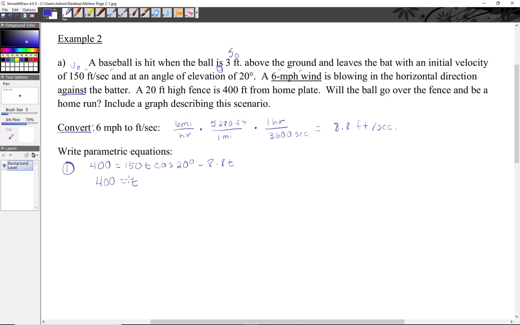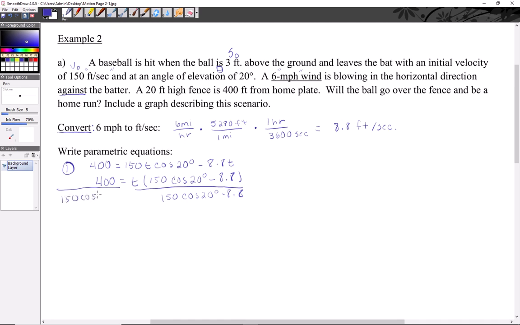We'll factor out the t. So t times 150 cosine 20 degrees minus 8.8. I believe if we divide out that big long piece, 150 cosine 20 degrees minus 8.8, from both sides, we should go straight to t.